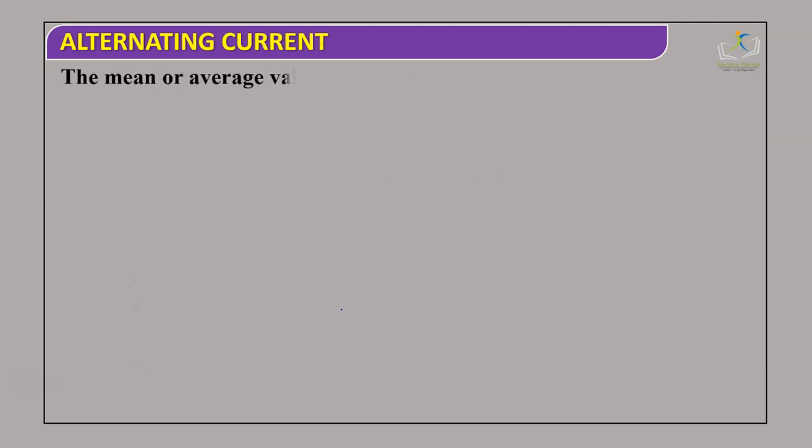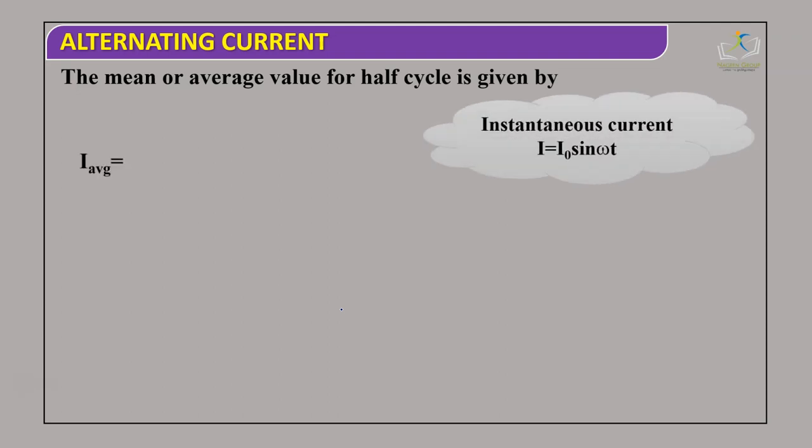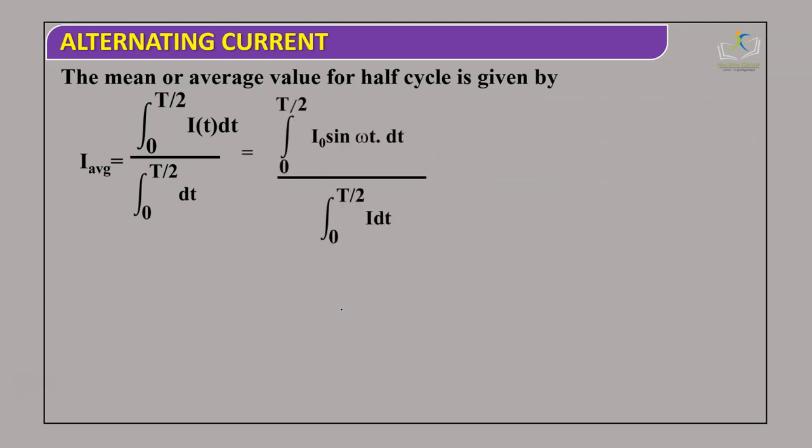If we solve this, the mean or average value for the half cycle comes like I average equals 2 by T times the integral from 0 to T by 2 of I dt. We put I equals I naught sine omega t, and after integration we get 2 by T times I naught times minus cos omega t by omega, from 0 to T by 2.